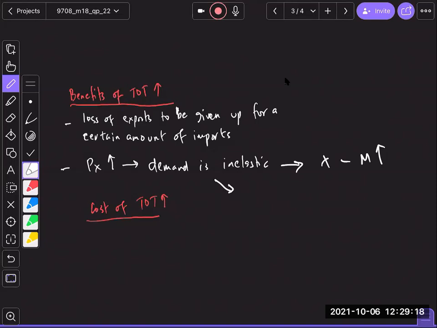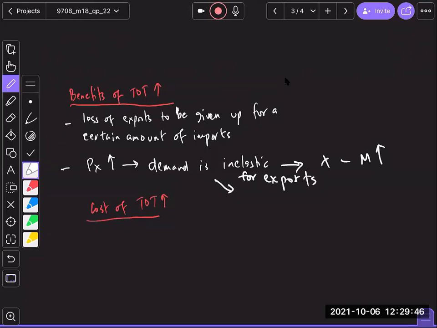Right? So demand is inelastic for exports. Make sense? So if exports become expensive and demand is inelastic, yes, exchange rate can rise, but exchange rate rising is more of a consequence than a benefit in itself.